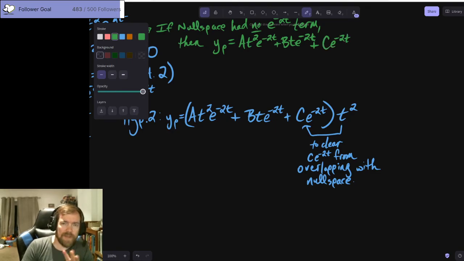Right, so that would be it if the null space had no e to the negative 2t term at all.